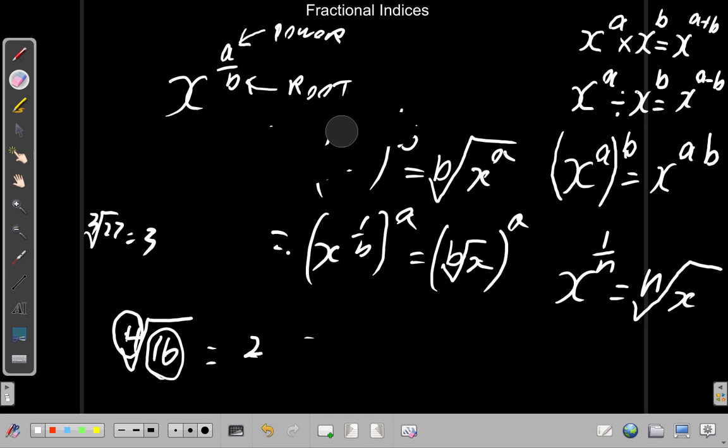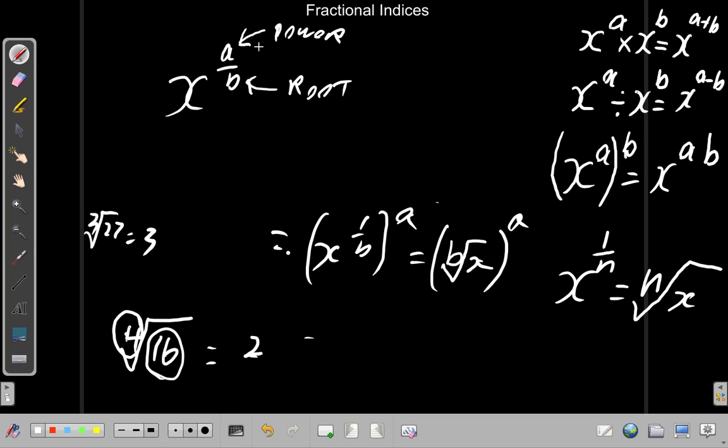When you have a number raised to a fraction, the top number, the numerator, tells you the power that you must raise the number to. The bottom number, which is the root, the denominator, tells you the root of the number that you should find. Alright? So there you have it, a fractional index.